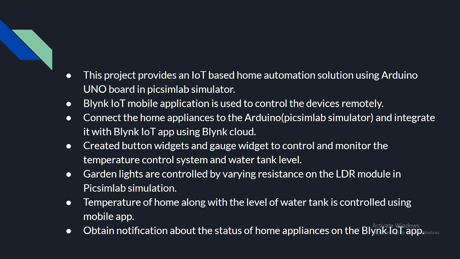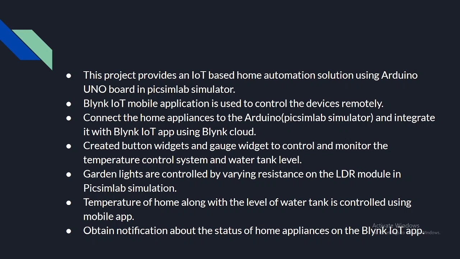This project provides an IoT-based home automation solution using an Arduino Uno board in the Pixim Lab Simulator. The Blink IoT mobile application is used to control the devices remotely. Connect the home appliances to the Arduino and integrate it with the Blink IoT app using Blink Cloud.